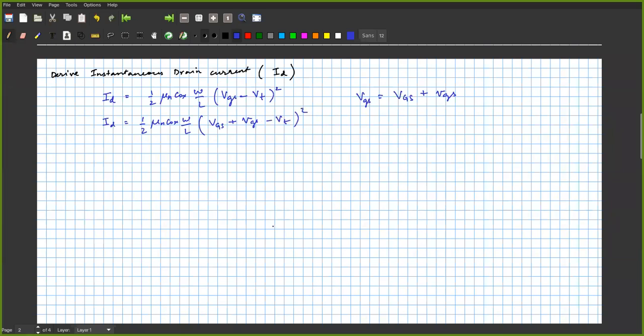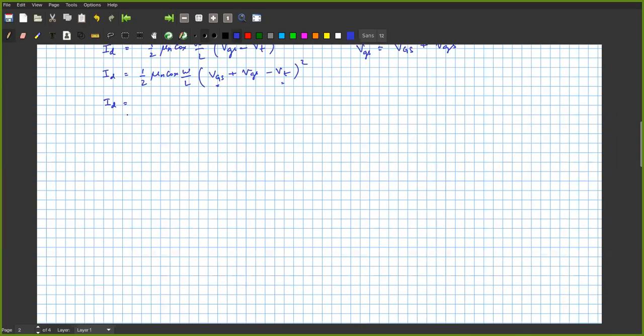Now in this, I'm going to club this term and this term, A plus B whole square. So ID equals half mu n COX W by L into VGS minus VT whole square plus vgs square plus 2 into VGS minus VT into vgs.